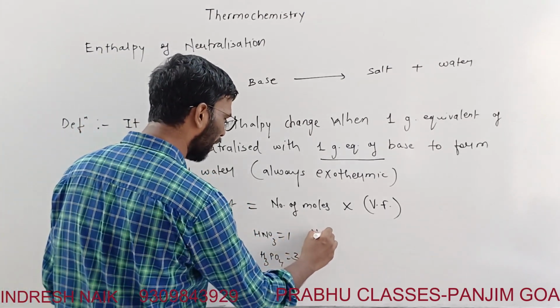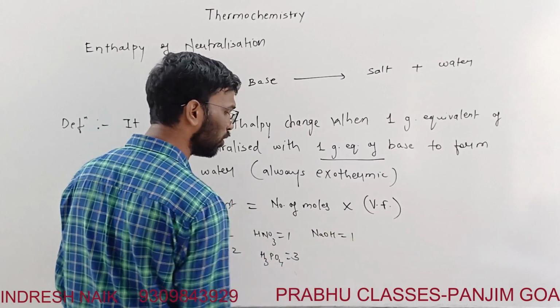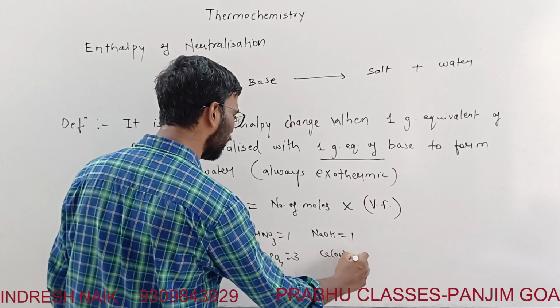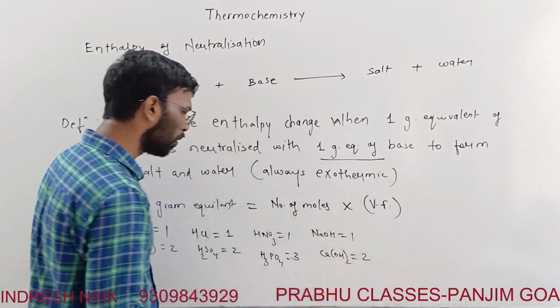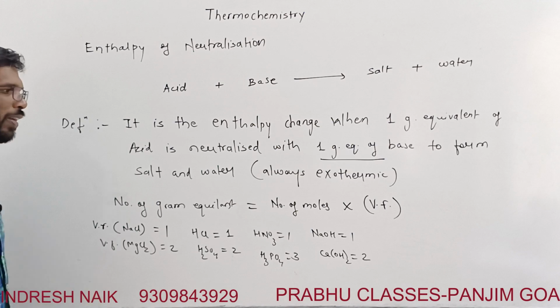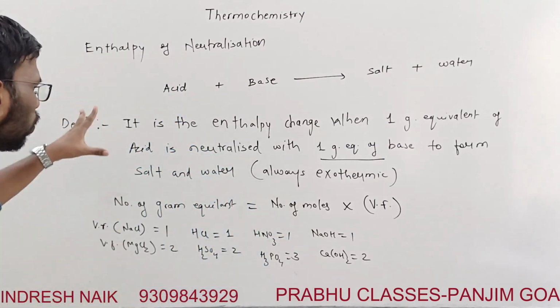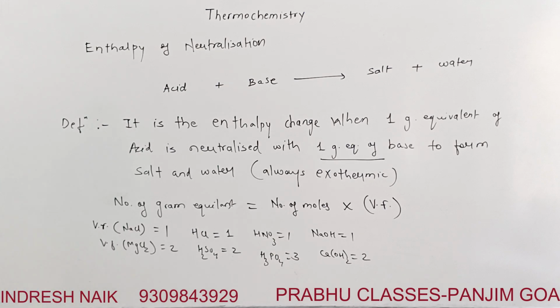If we take the sodium hydroxide base, the valency factor is 1. For calcium hydroxide, the valency factor is 2. These are the small things we have to know, the valency factor, to get the number of equivalents. So we'll do the reaction.